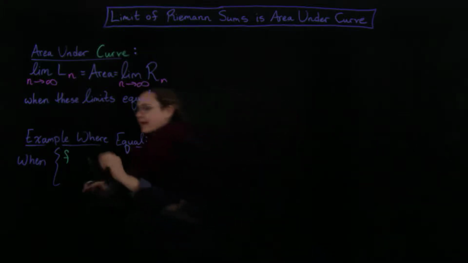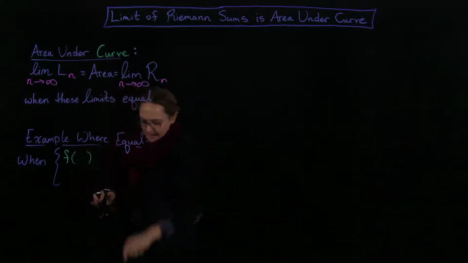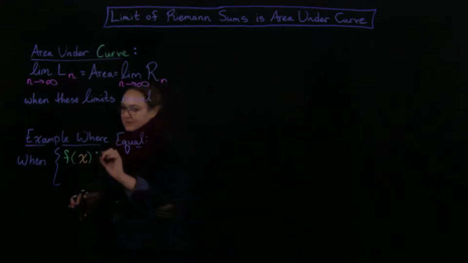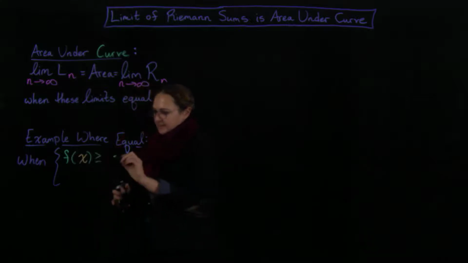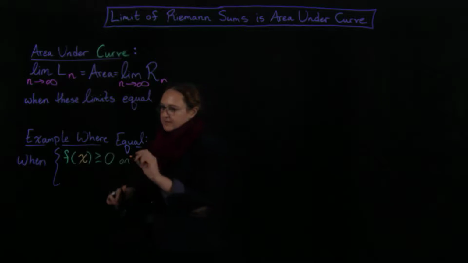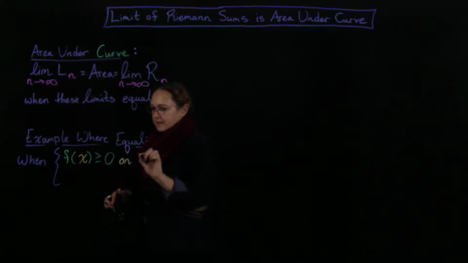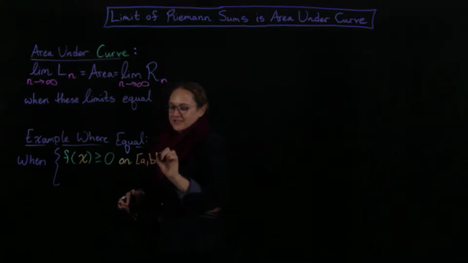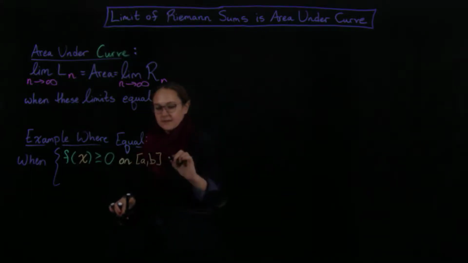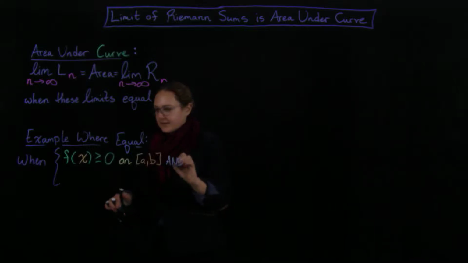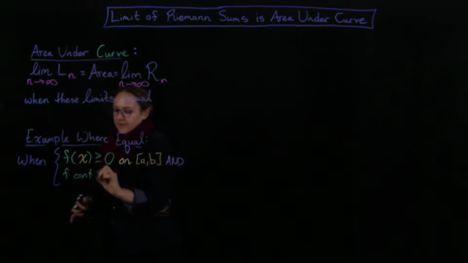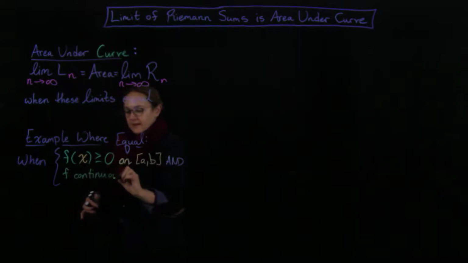What we mean is that f of x is always greater than or equal to 0 on this interval a, b, meaning for each x in this interval, it's greater than or equal to 0. And that's one thing we need. The other thing is that f is continuous on a, b.